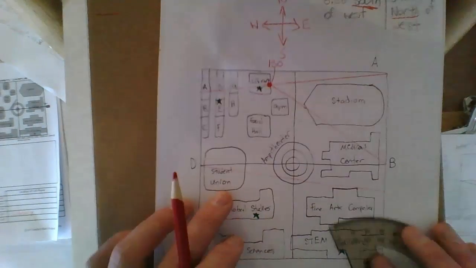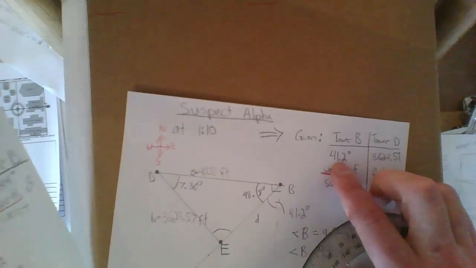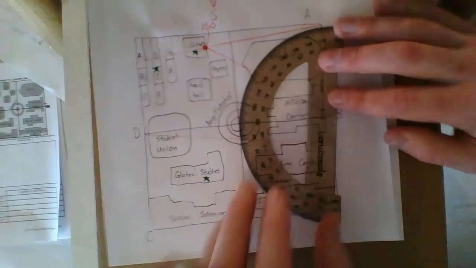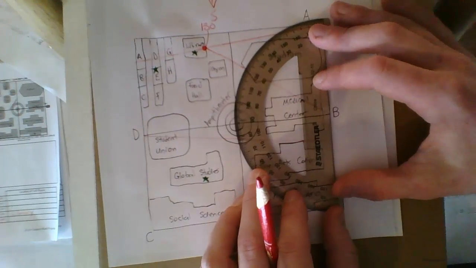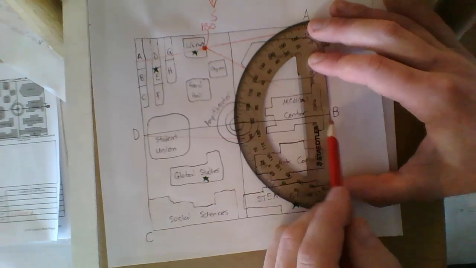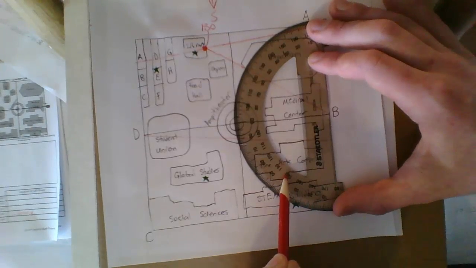And we're also given that angle of 41.2 degrees west of south, okay? So let's re-measure that on our map. We're going to go 41 point it in the west direction from the south arm, 41.2 degrees west of south.